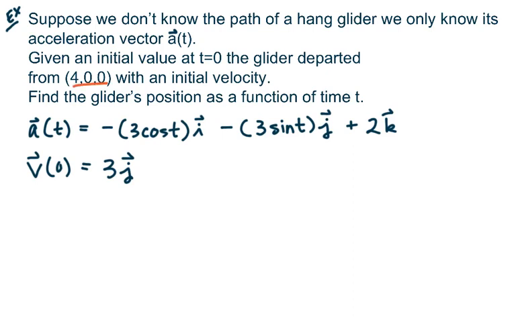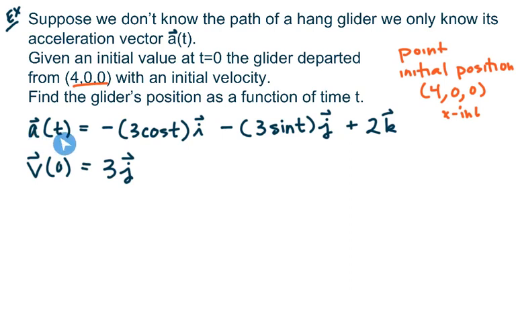And that point 4, 0, 0 gives us our initial position. If you think about where that point is located in 3-space, that is actually an x-intercept. The glider departed from this point with an initial velocity. Let's find the glider's position as a function of time t.